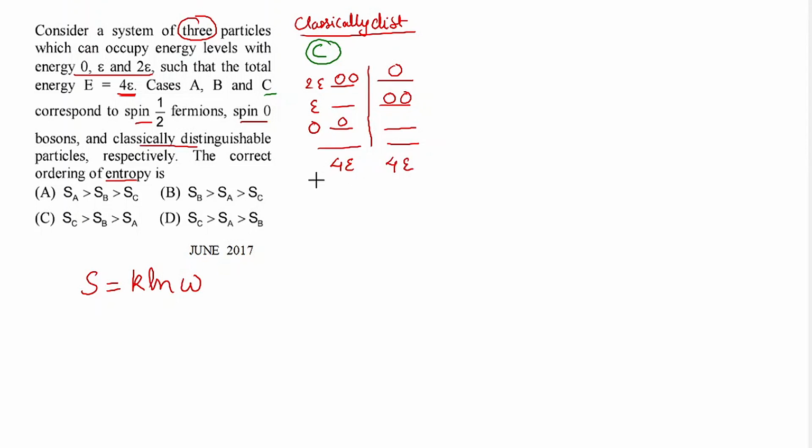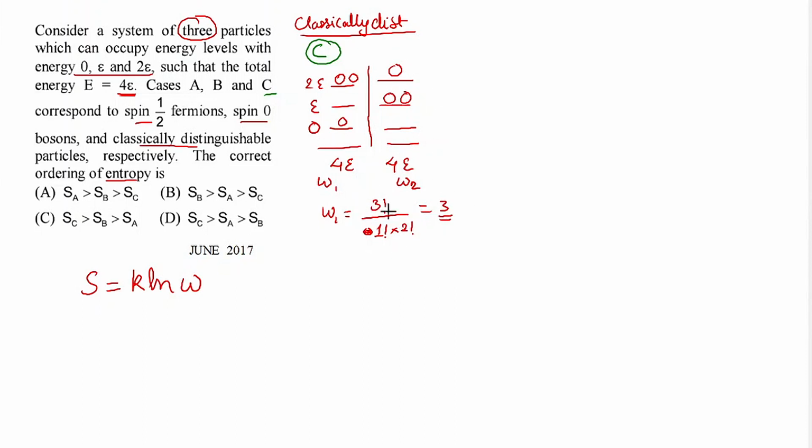Now we will find the thermodynamic probability, that is W. Suppose the thermodynamic probability for this distribution is W1 and for the other distribution is W2. W1 we can write as 3 factorial upon 1 factorial into 2 factorial, and this will be 3, that is 3 into 2 into 1 upon 2 factorial, so the 2 factorial cancels out and we are left with 3.